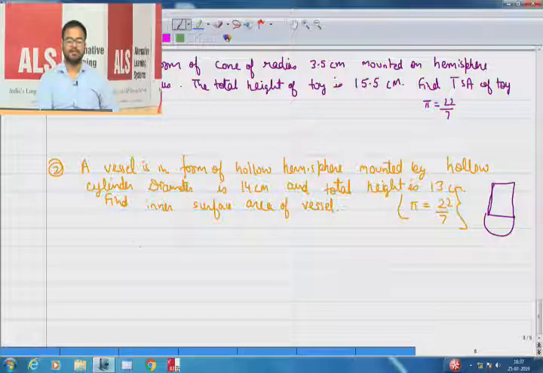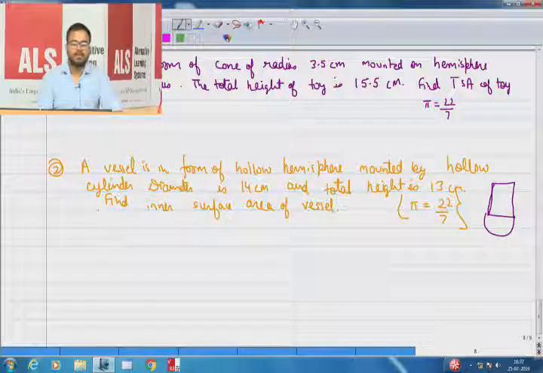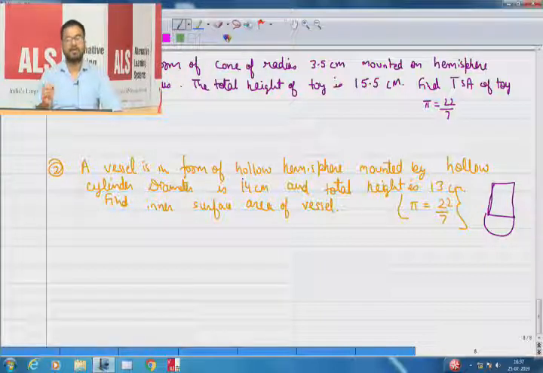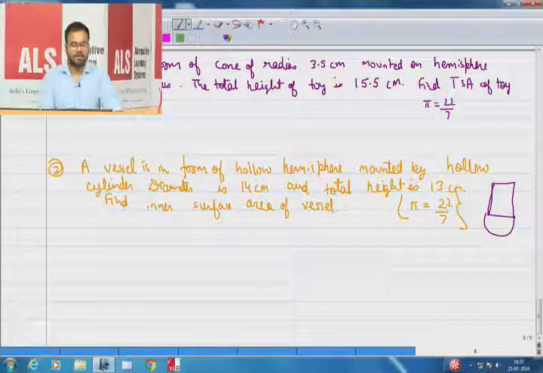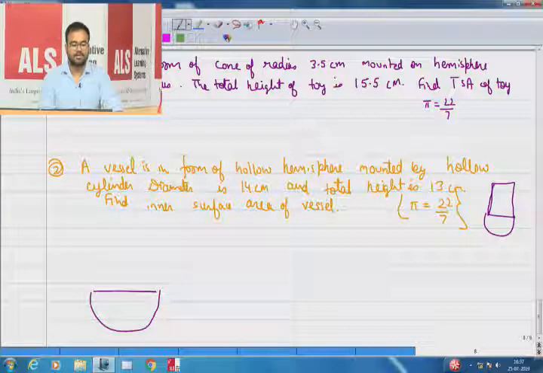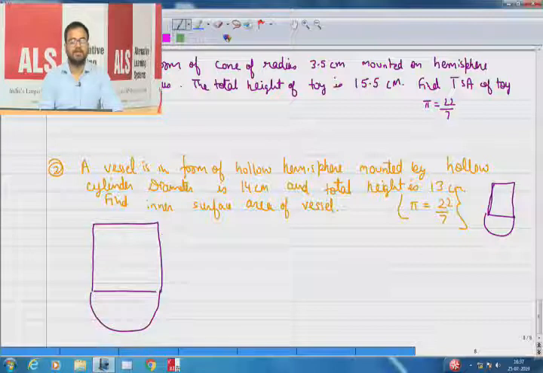See, in question number 2, no, it's not 286. Okay. In question number 2, it says, a vessel is in the form of a hollow hemisphere mounted by a hollow cylinder. So it is like this, hemisphere it is, and there is a cylinder on the top of it, like this. Diameter is 14 centimeter.